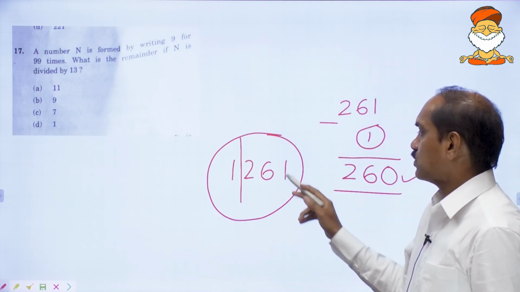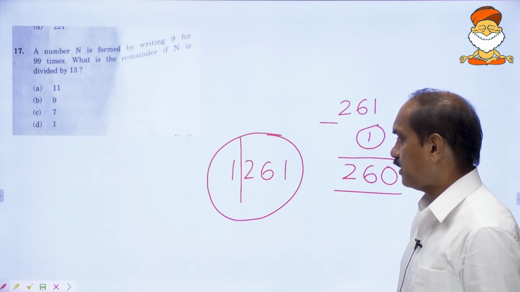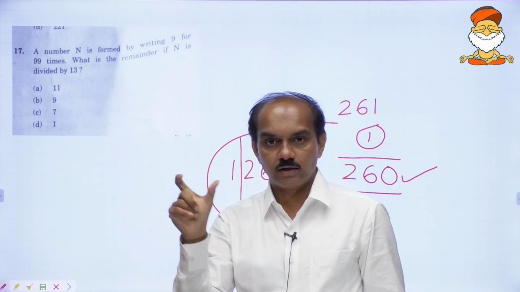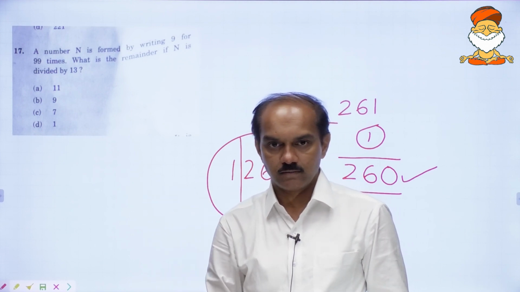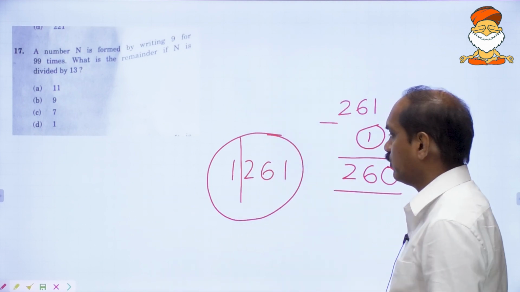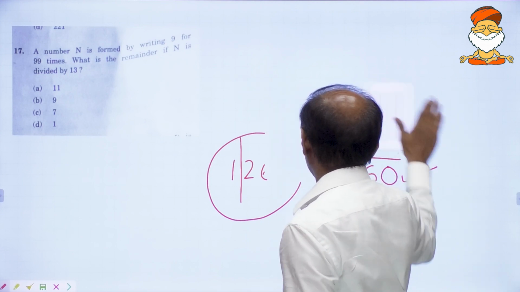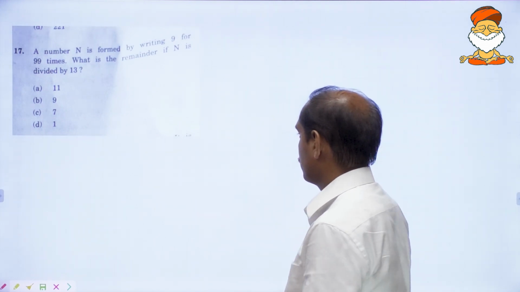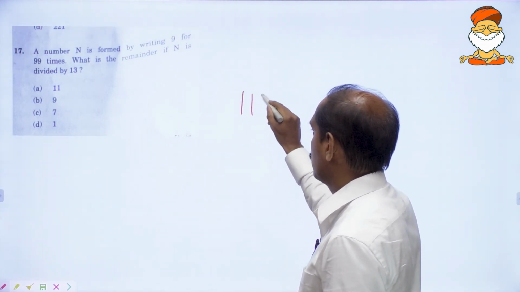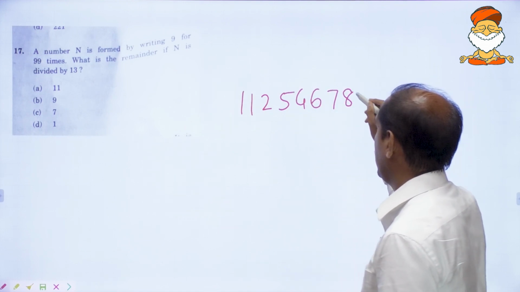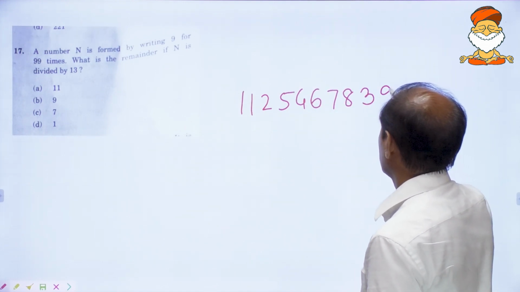So how to check whether the given number is divisible by 13 or not? Start from the right hand side. Keep on making a group of 3 digits. That is one thing. Now, what if we come across too many groups? Assume it is like this: 5 4 6 7 8 3 9 1.